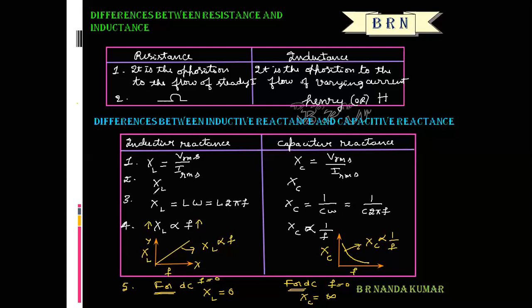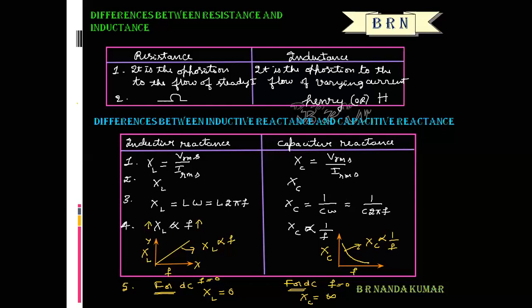Inductive reactance is denoted by XL, which is equal to L omega. Capacitive reactance is denoted by XC, which is equal to 1 divided by C omega.